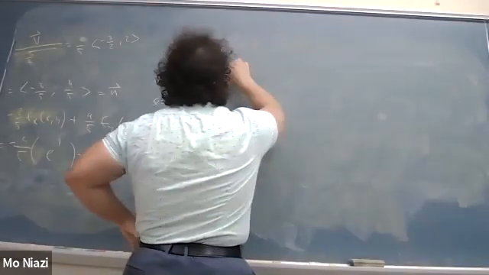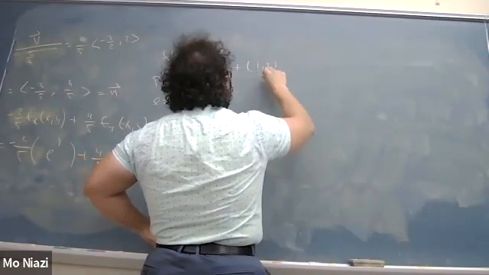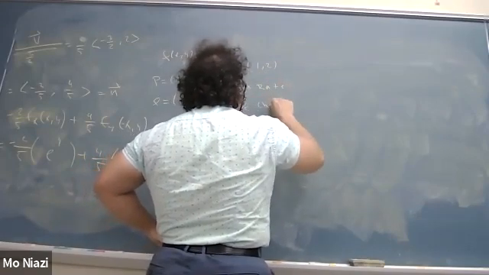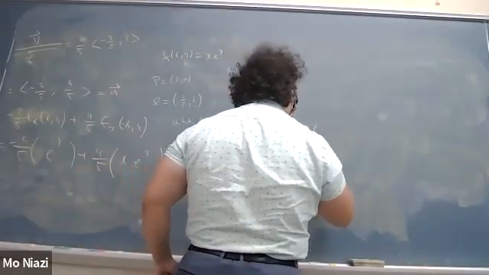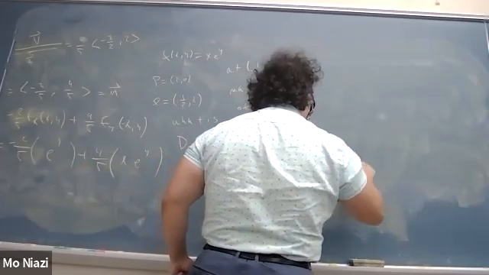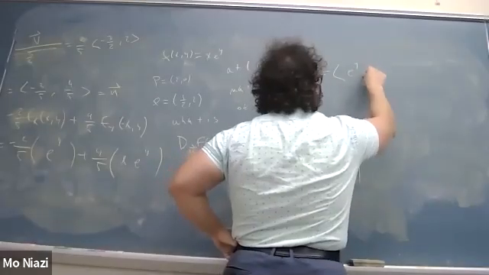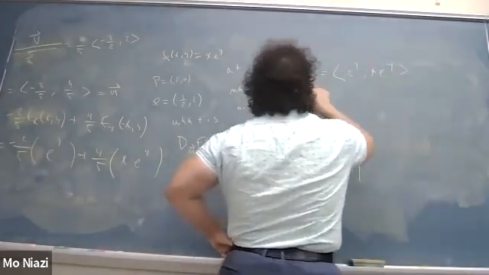Then, if it asks you for the maximum rate of change, you know by that calculation we did earlier that the maximum rate of change is just the absolute value of the gradient. So let's say at (1, 2), what's the max rate of change of the directional derivative? Well, that's equal to this.